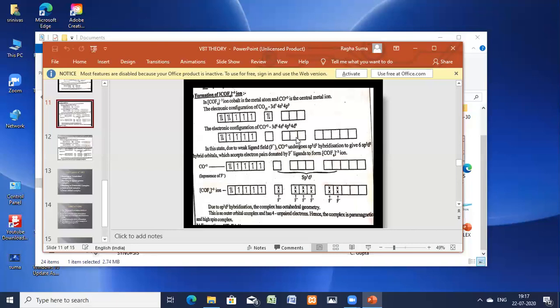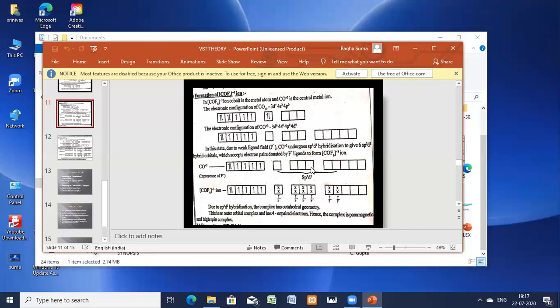So we are having s orbital, 3 p's and d orbitals. Now cobalt is in +3 state. This is the configuration: 1 s orbital, 3 p orbitals and 2 d orbitals. Total how many? 1 s, 3 p's, 2 d's.